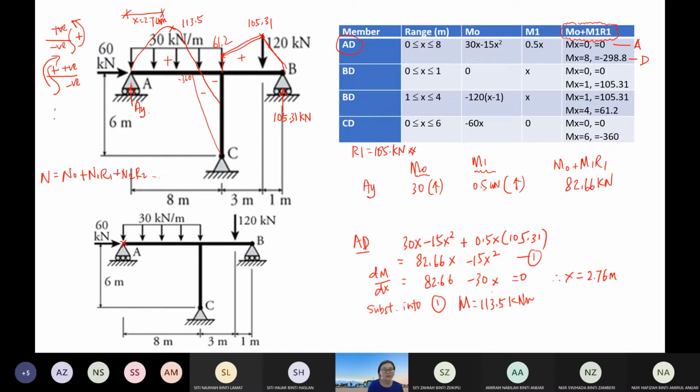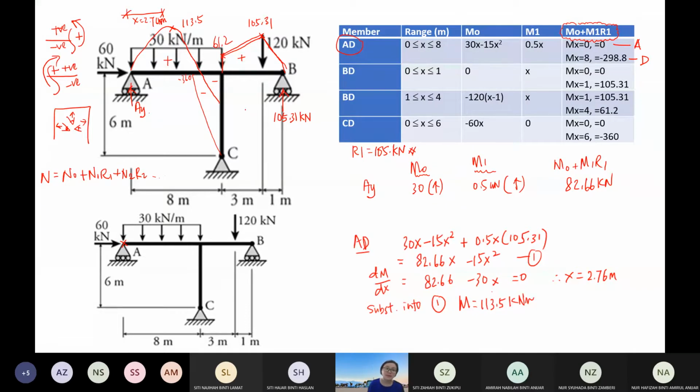In our previous exercise, if this is a frame, we place our eyes here for this member and then look at here and here. But for the structure that you have analyzed, it actually doesn't matter which side you place your eyes, as long as you understand which is the positive moment and which is the negative moment.